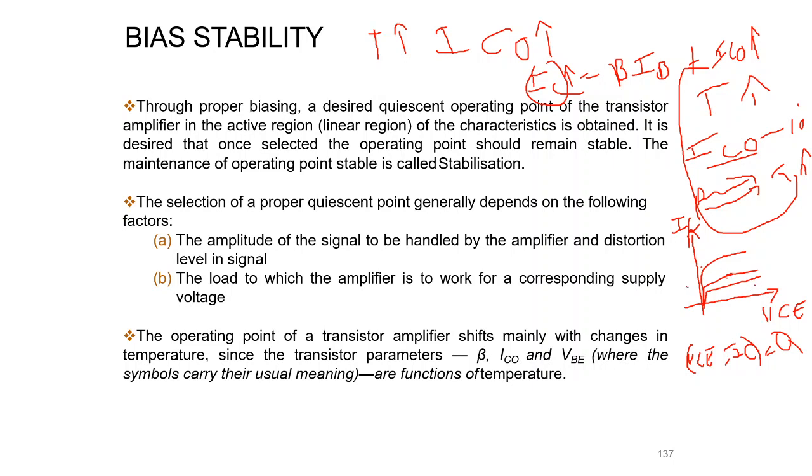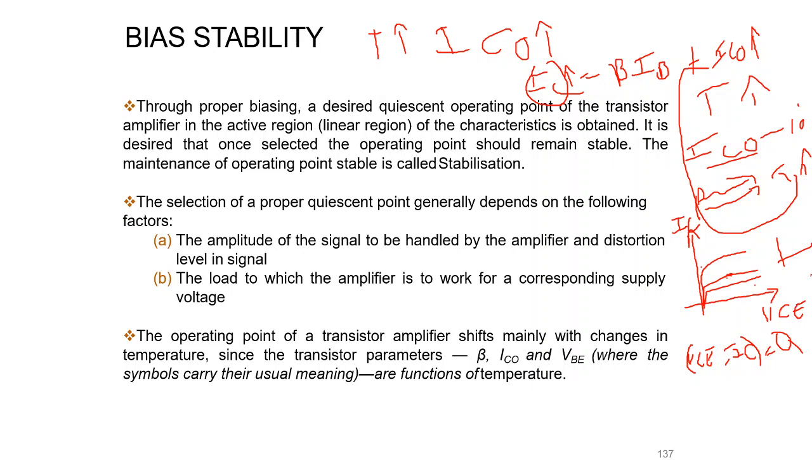If I give an input signal like a sinusoidal, it will clip the peaks, or the output signal will be available in distorted form. In order to avoid these problems, we have to fix the Q point. Maintaining the Q point at particular coordinates of voltage and current is called the stabilization process.